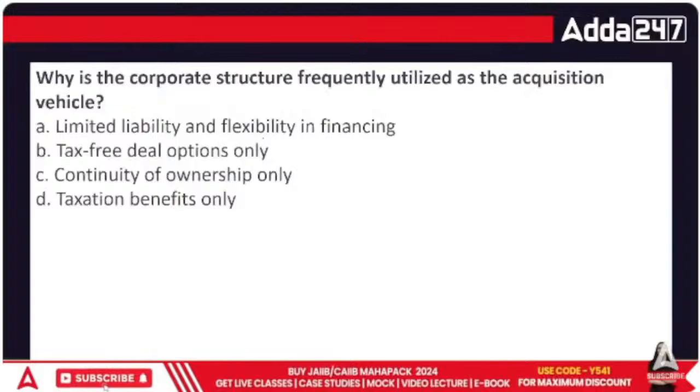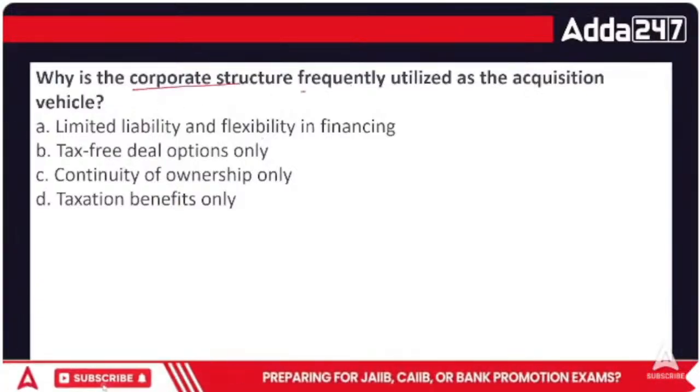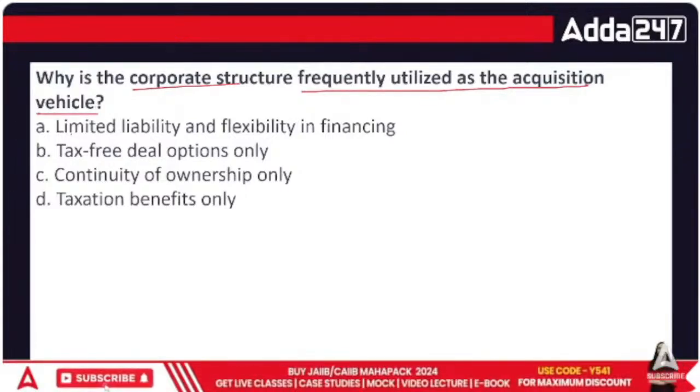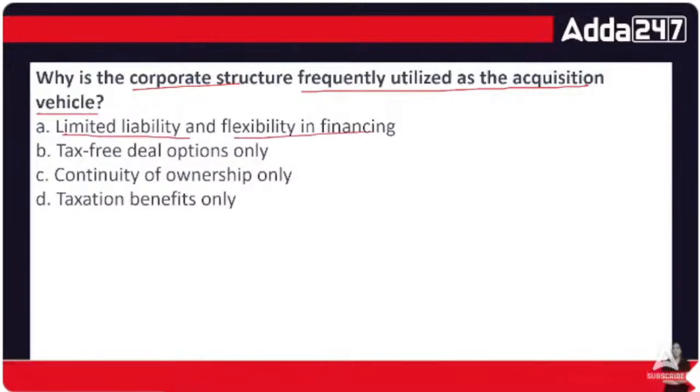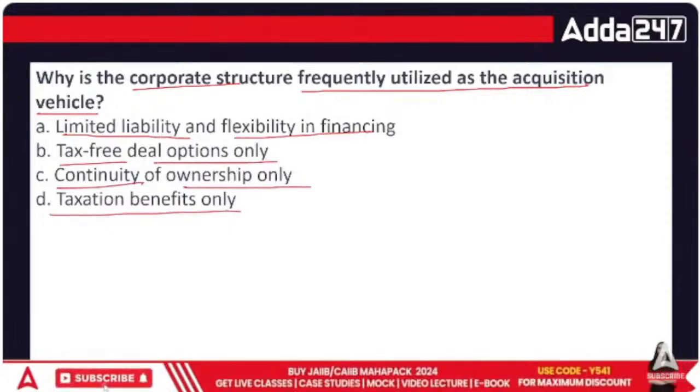Right? Next point. Why is the corporate structure frequently utilized as the acquisition vehicle? Limited liability and flexibility in financing, tax-free deal options only, continuity of ownership only, or taxation benefits only.